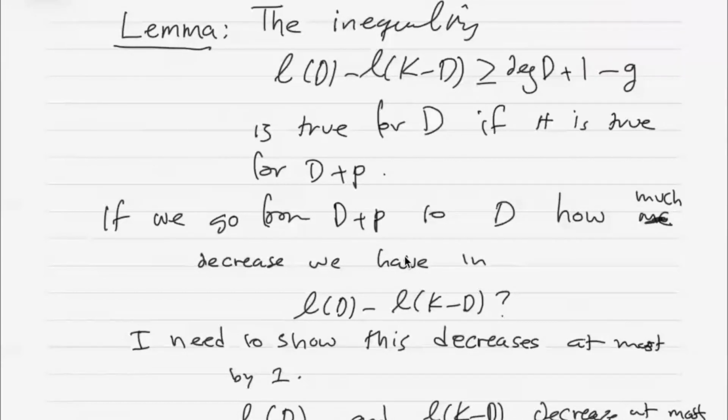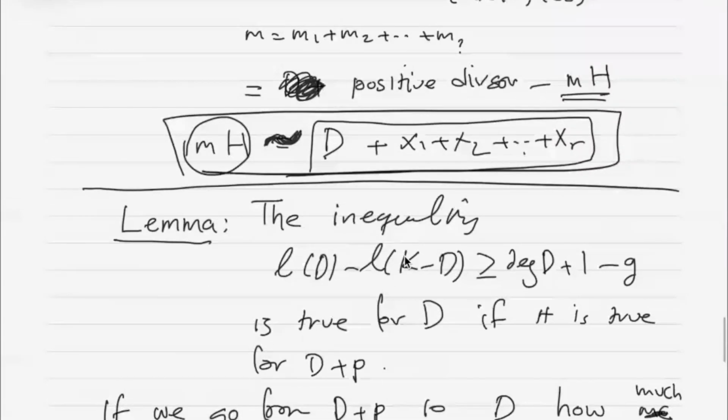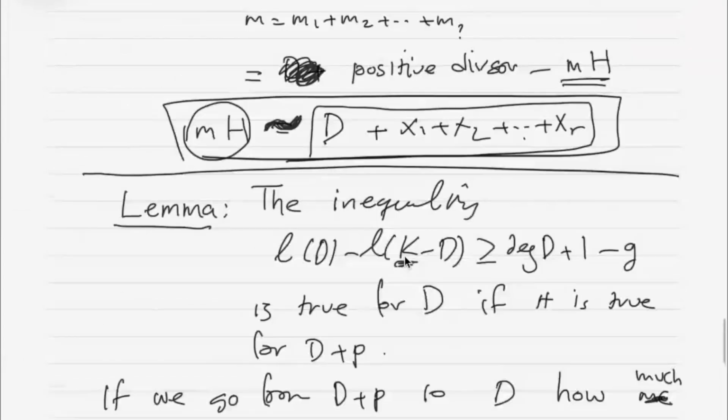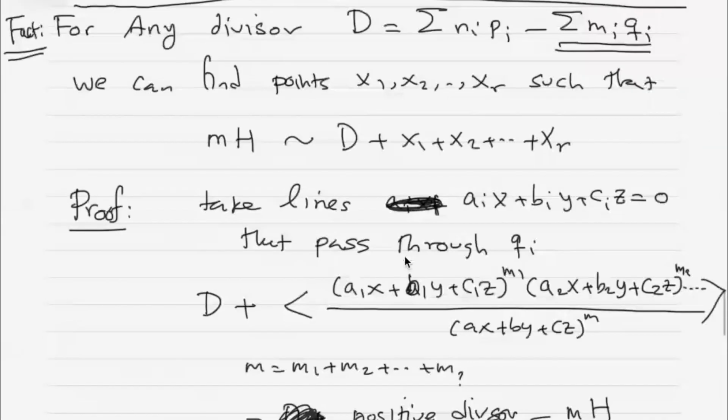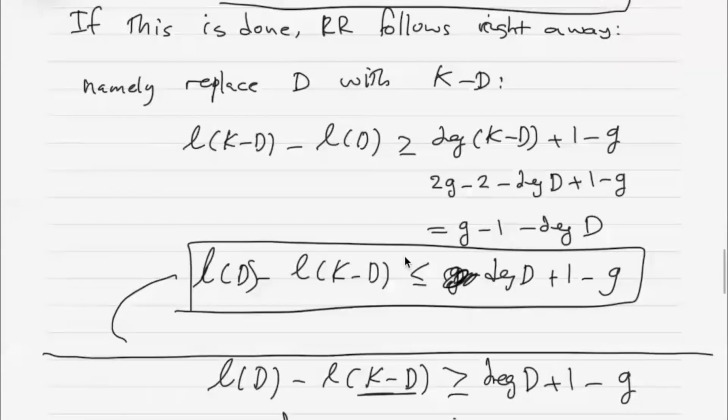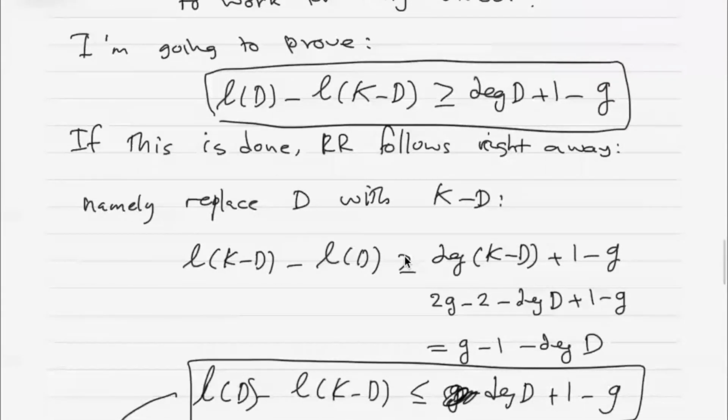And another fact that we used was the computation of degree of the canonical divisor K. We used the fact that this degree is 2g minus 2 somewhere. Remember here, when I said replace d with k minus d, and then you get the inequality in the reversed order. Here I calculated degree of k that I already calculated using Riemann-Roch. Riemann-Roch is also a transcendental fact.